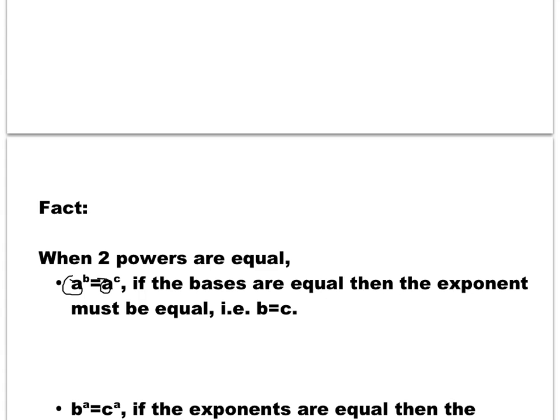If they are different bases, then this fact is not true. For instance, if I tell you that 2 exponent x is equal to 2 exponent 2, the only possibility is that since the bases are the same, the exponents have to be the same. So x has to be equal to 2, no other way. That's one.